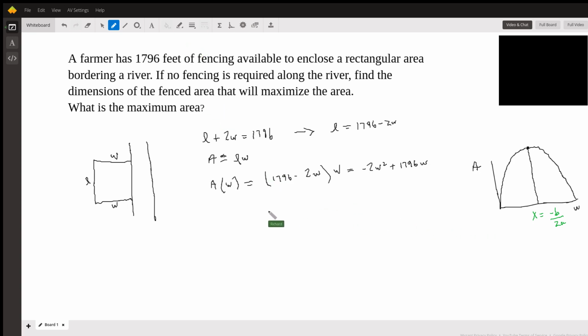Negative b over 2a is going to be negative 1796 divided by negative 4. So let's do the division on the calculator. 1796 divided by 4 is 449.